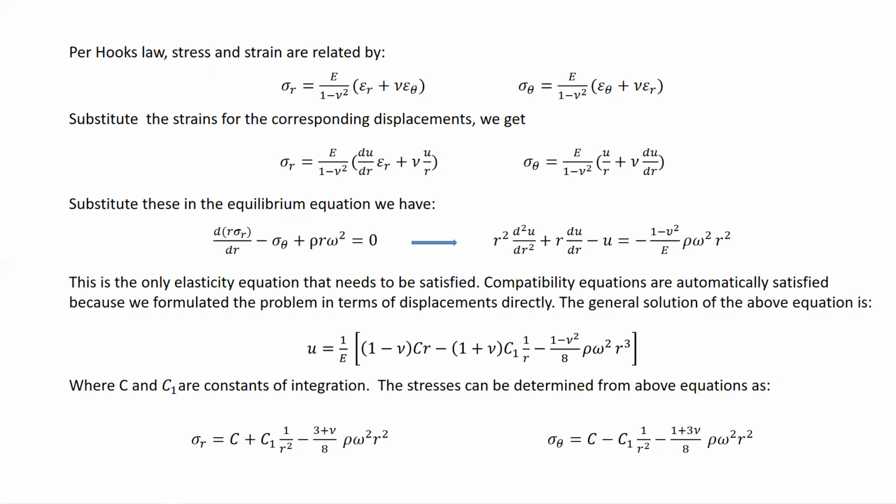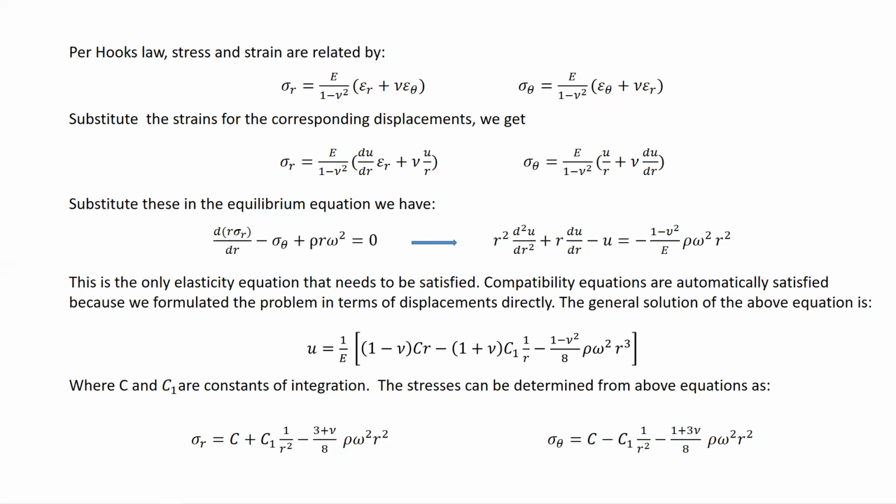So what I am trying to do here for this particular problem is, instead of working on the problem by satisfying equilibrium equations and compatibility equations in terms of stresses, I express the equilibrium equations in terms of displacement.